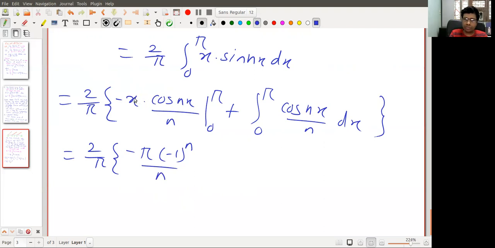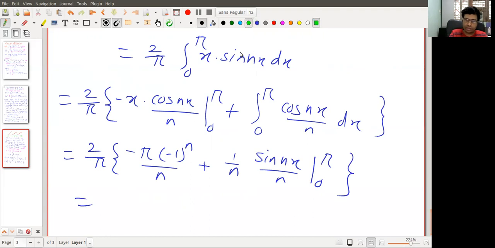Cos 0 is 1, but the term is 0. Then for the integral of cos nx, with 1 upon n, it is sine nx upon n with limits 0 to pi. If we put the upper limit, sine n pi is 0. The lower limit sine 0 is also 0. So we have only the first term. This minus sign can be absorbed, and we can write minus 1 raised to n plus 1.